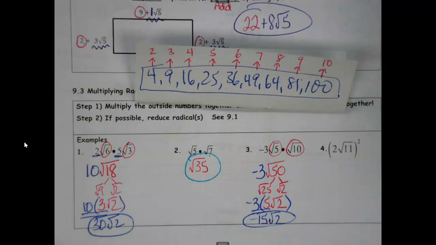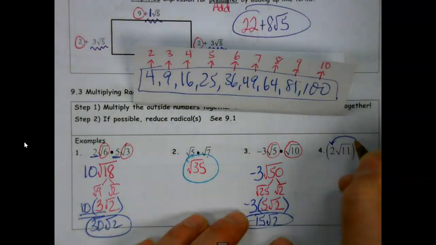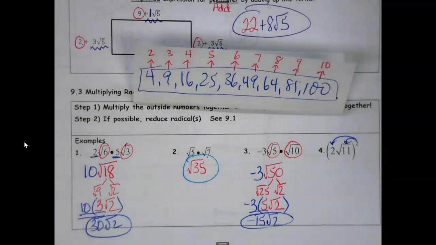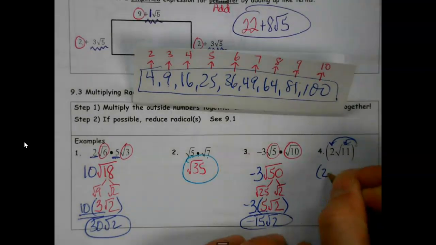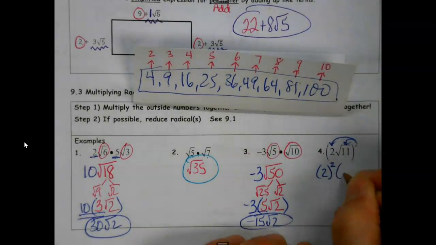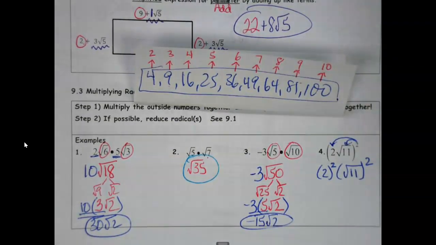Now this last one, this gets interesting. I'm going to teach you a trick here. So you're like, okay, well, how's this work? This squared that's out here, since there's parentheses around it, is going to go to both of these. So I have 2 to the second power and the square root of 11 to the second power.